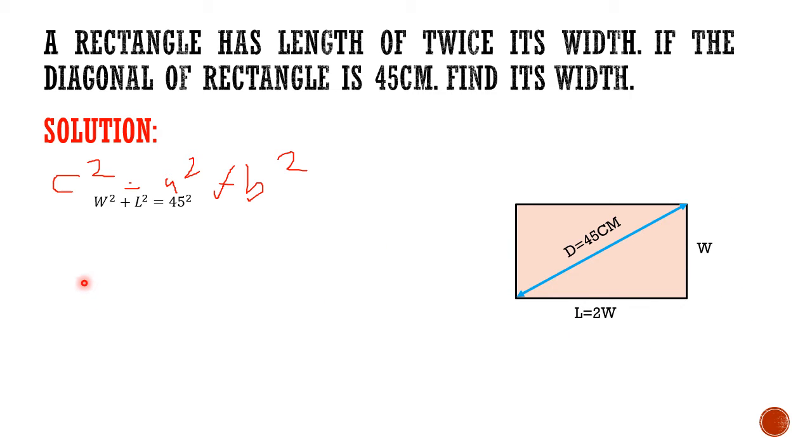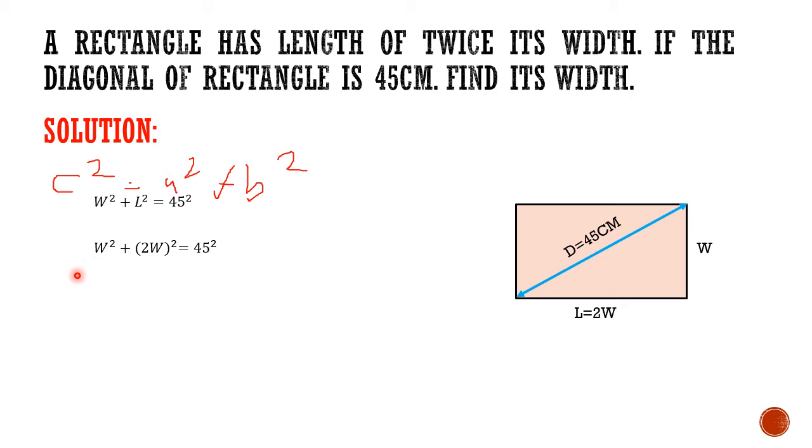Kung kaya't, kung ipa-plug in natin yung ating formula dito sa ating mga given values sa problem, we'll have W squared plus L squared is equal to 45 squared. Na kung saan yung 45 squared natin, ito yung C, and itong A squared plus B squared is yung W squared plus L squared naman. So ang gagawin lang natin is to plug in natin 2W para magkaroon tayo ng common variable. Ayan.